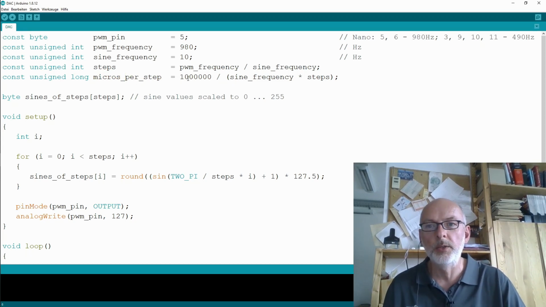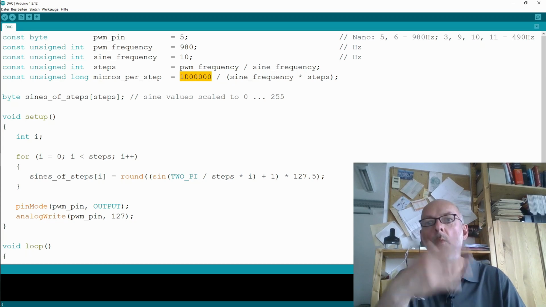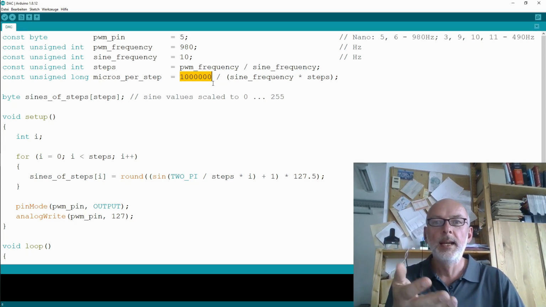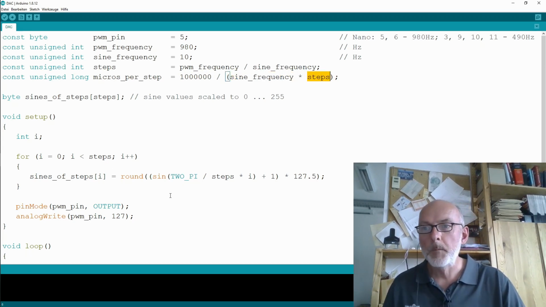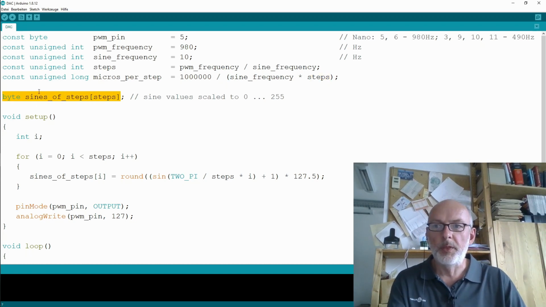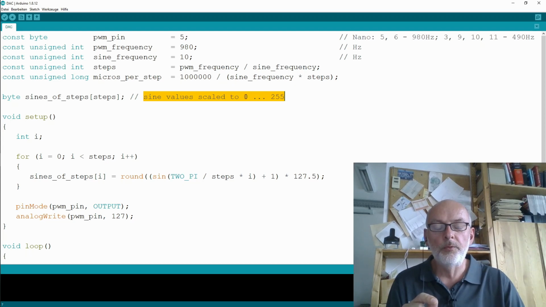Don't want to change my code here, which is simply 1 million, it's microseconds, divided by the sine frequency and the number of steps. Okay. Then I have here a byte array, with my sine values for each step. And these sine values are already scaled from 0 to 255 as I need them for the analog write command later on.